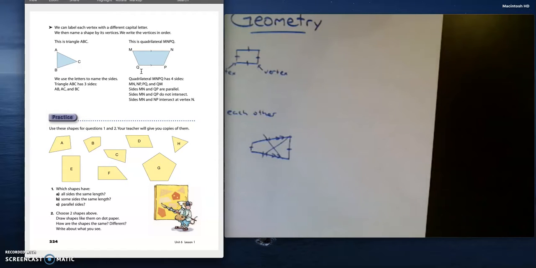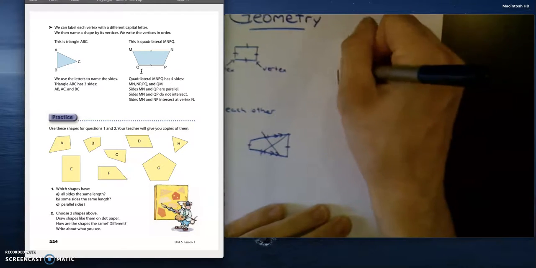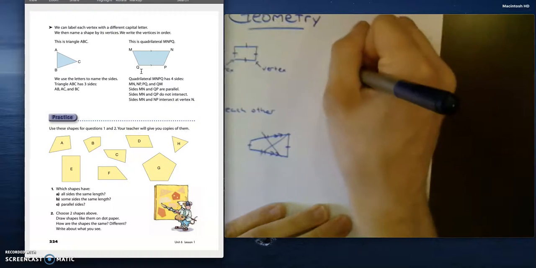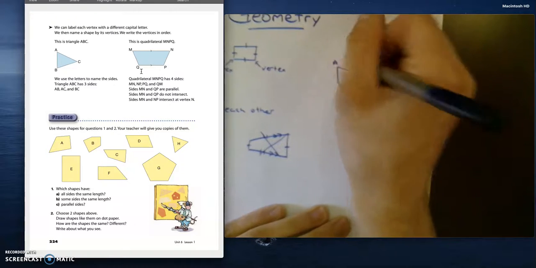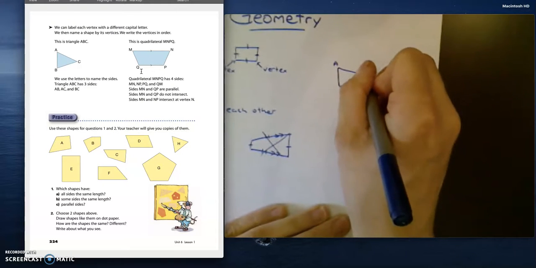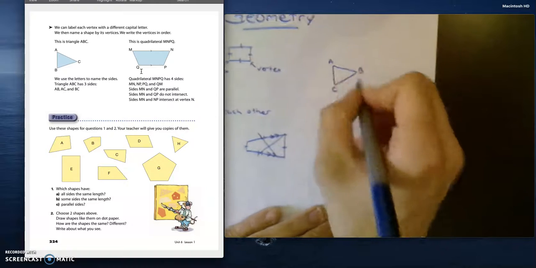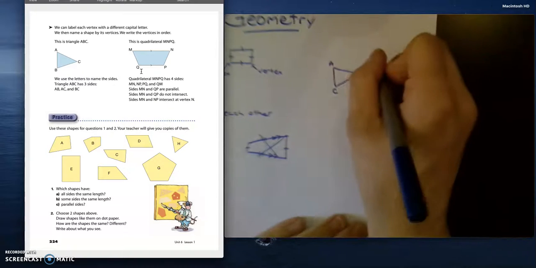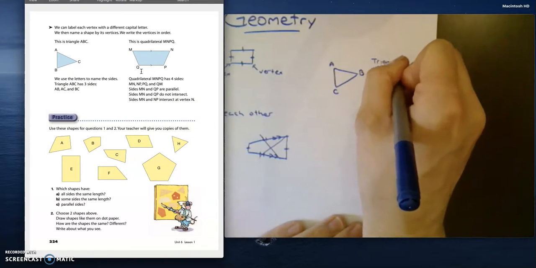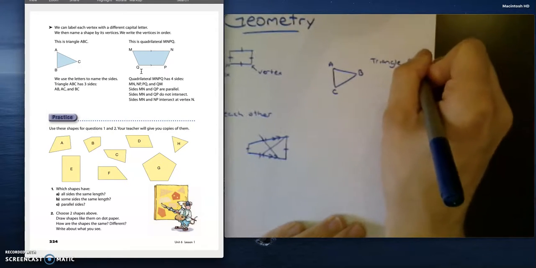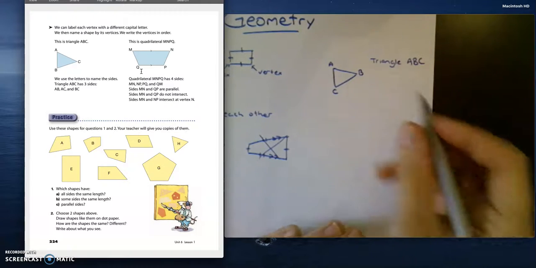The last thing just has to do with naming the sides. Okay, and that's going to be how you measure or describe your attributes. So if I have my triangle, okay, A, B, C. It doesn't matter which way you go around. So this is triangle ABC. All right.